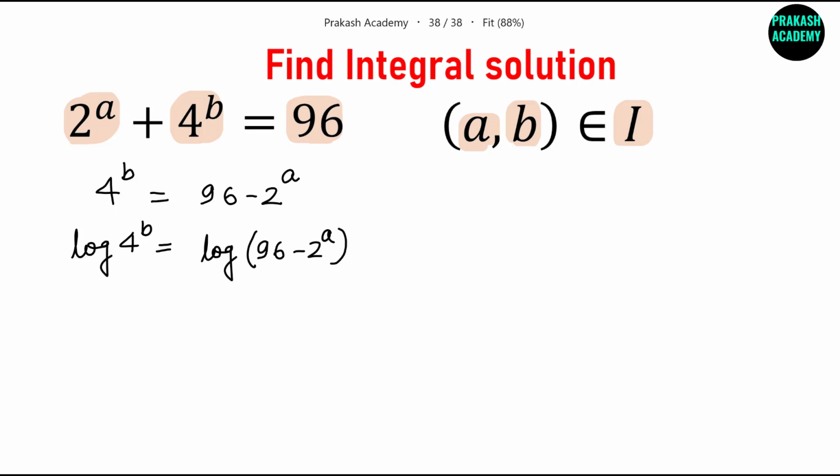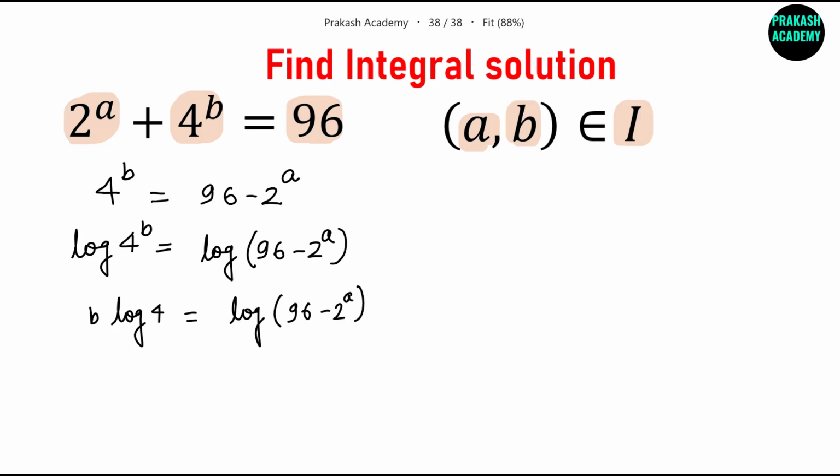From here I can say that b times log 4, because b is in the power, is equal to log of 96 minus 2 raised to the power a.